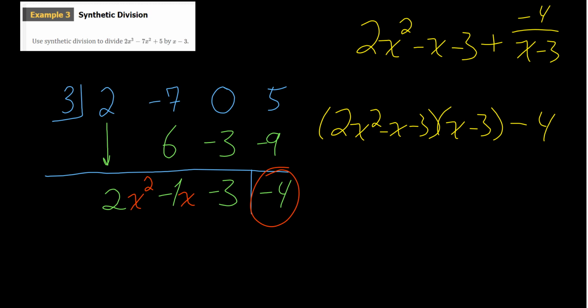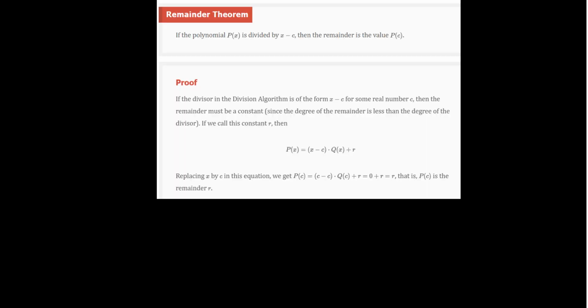And as a matter of fact, I'm glad I went back. If I took this polynomial and evaluated it at negative 4, well then from the remainder theorem, the remainder is the same value of p of c. And I think I'm getting confusing, so let's do an example.